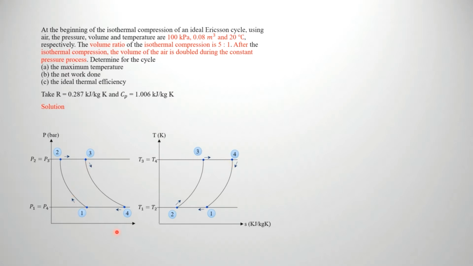In this cycle there are no isentropic processes. You have two reversible constant temperature processes and two reversible constant pressure processes, still in the clockwise direction. So that's the Ericsson cycle.